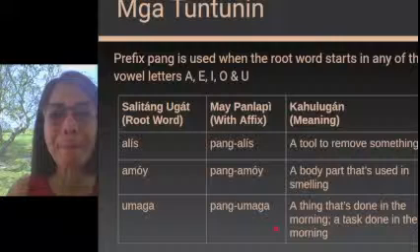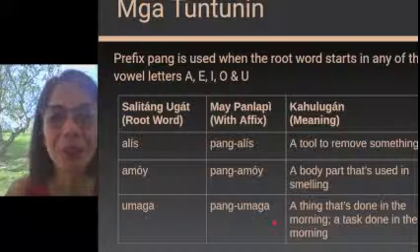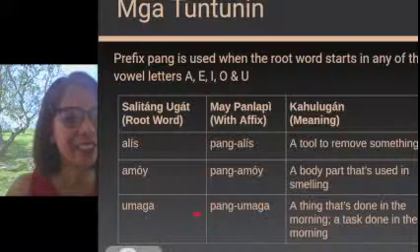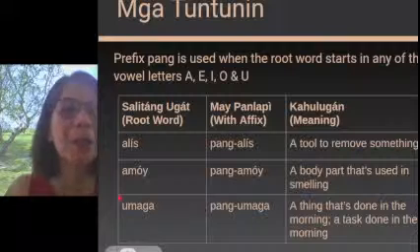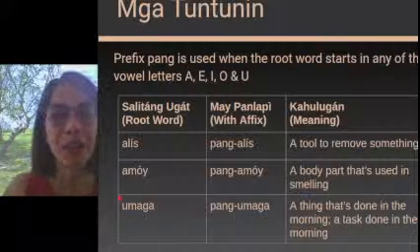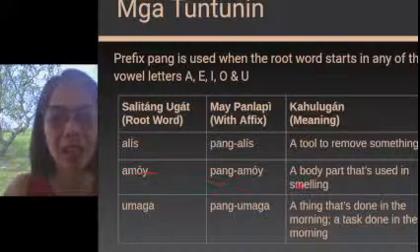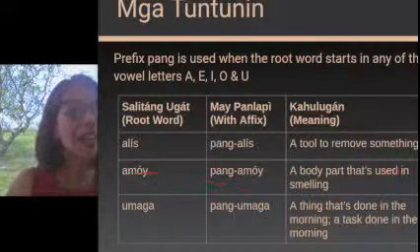Secure is a colloquial word for security guard. And if you are working in a factory, people would say pang-umaga siya. Pang-umaga ako. Pang-gabi ako. Okay, let's move on.